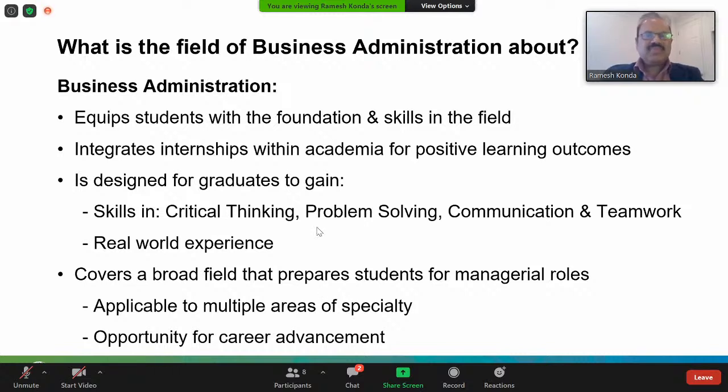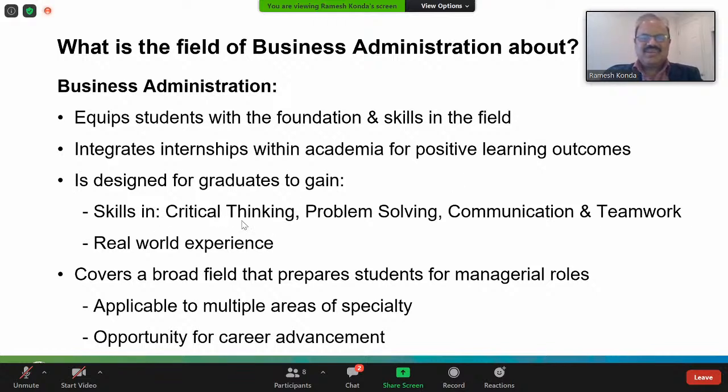The main goal of business administration is to provide foundation and skills in the business administration field. Take a look at anything around you, including your home. It is a kind of administration, right? Working with your family, children, yourself.